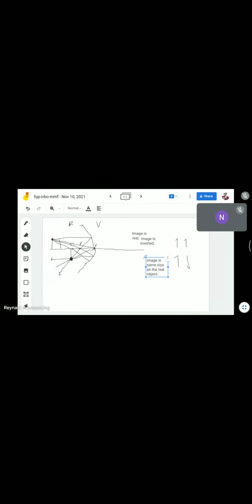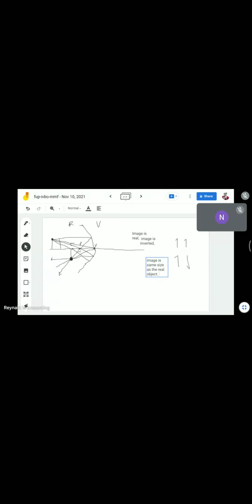Yun yung description pag nag-ray tracing tayo. So, dinidescribe mo saan nabuo, sa real ba or sa virtual, inverted ba siya or upright, at ano yung size nung object. O meron pa palang isa, saan nabuo yung image dito sa ating parts?